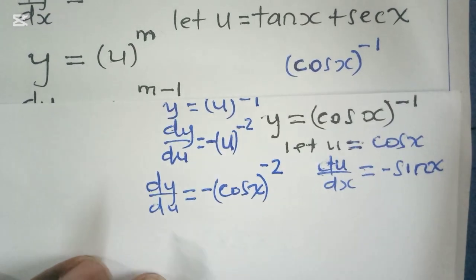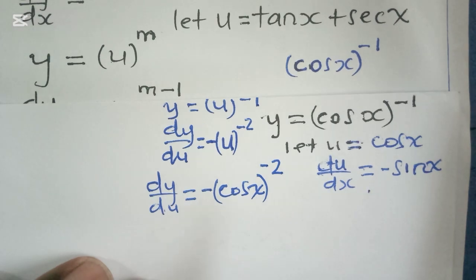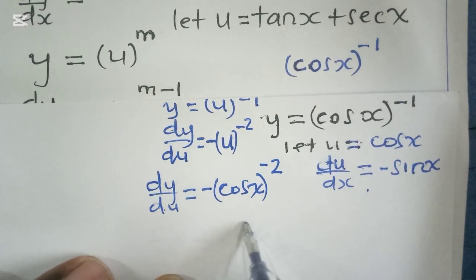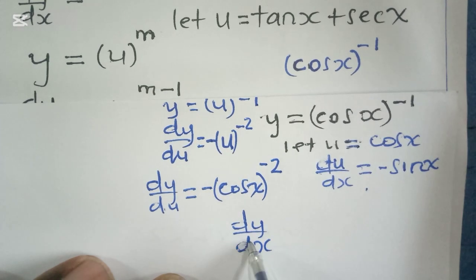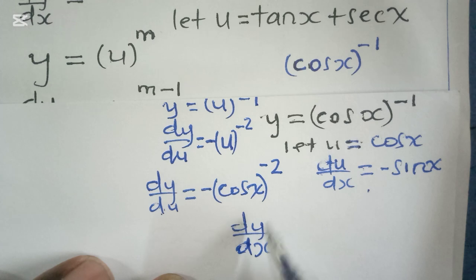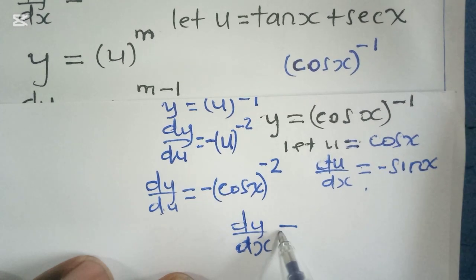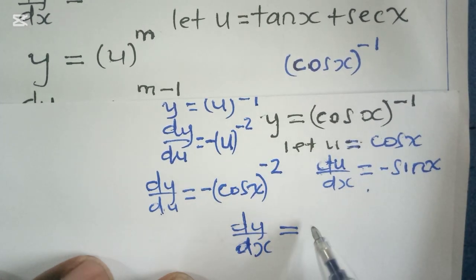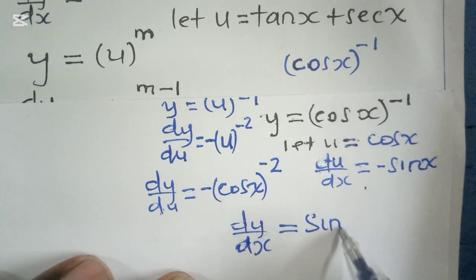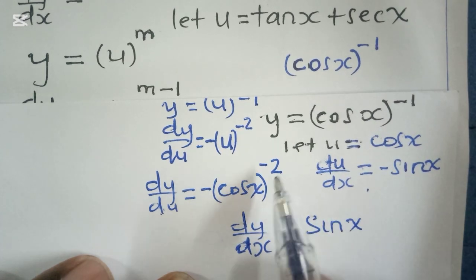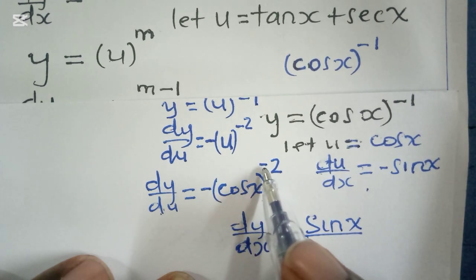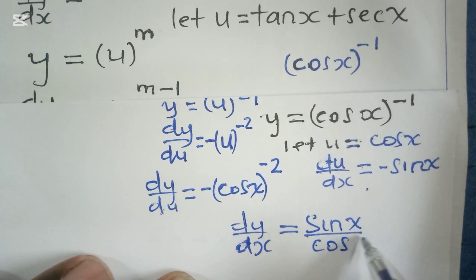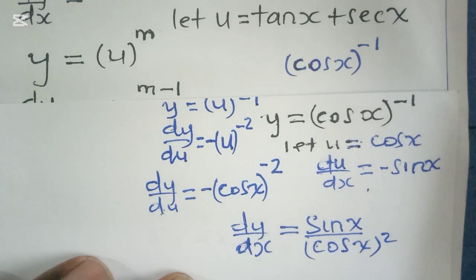So we just multiply this and that. When we multiply, the u's are going to cancel, so we have dy dx equal to, because of these two negatives, positive sin x over cos x squared.